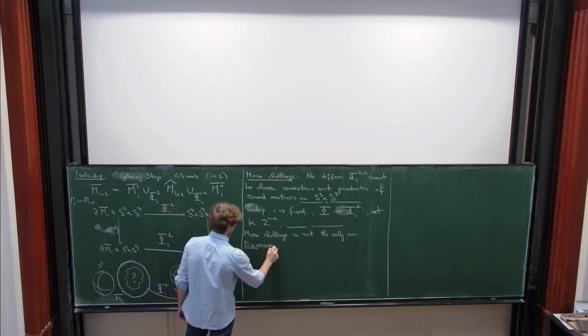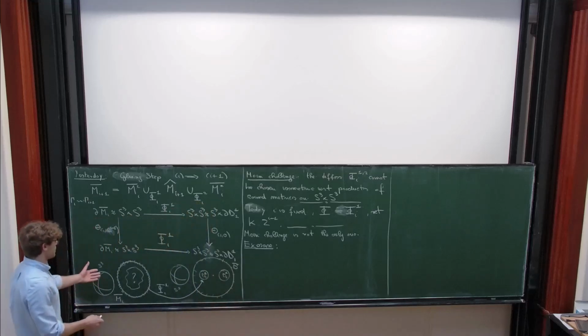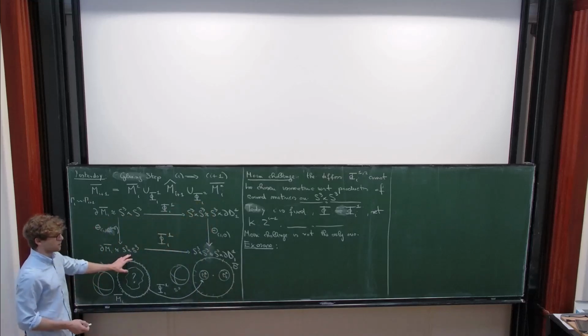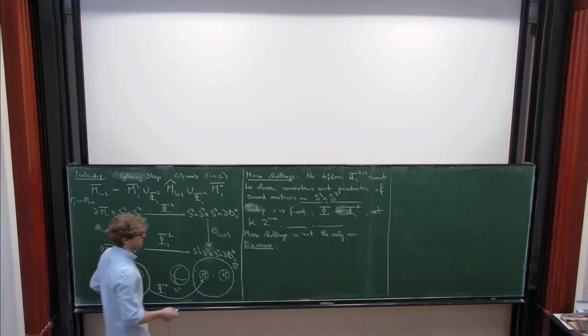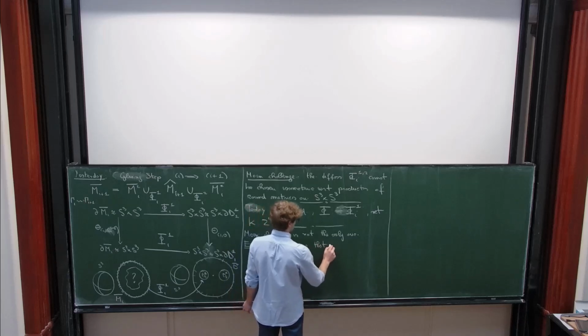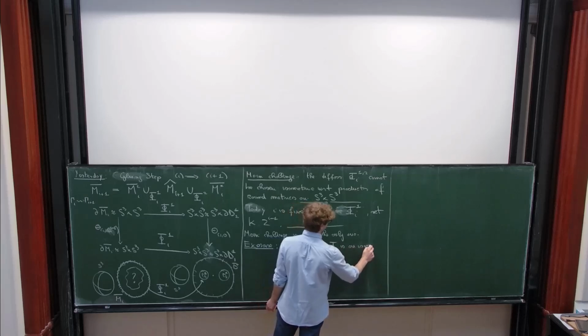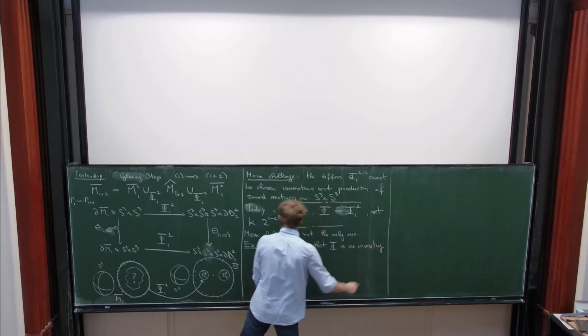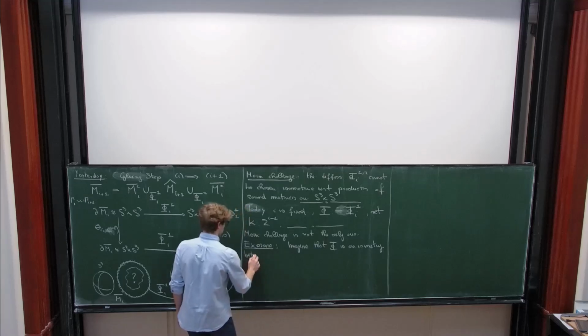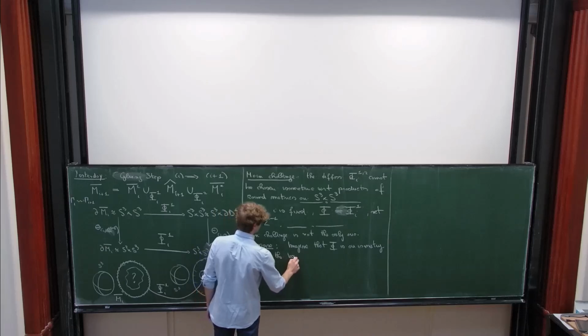Imagine that you can find a metric such that the gluing diffeomorphism phi is an isometry between the boundary components.